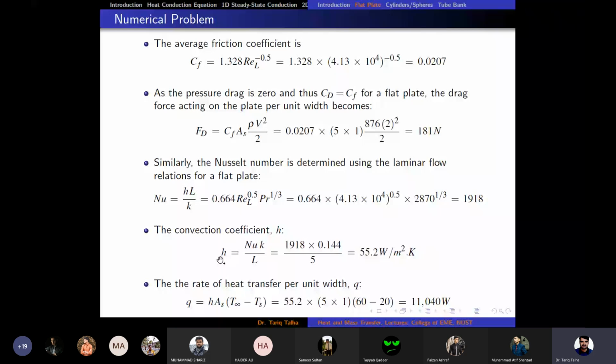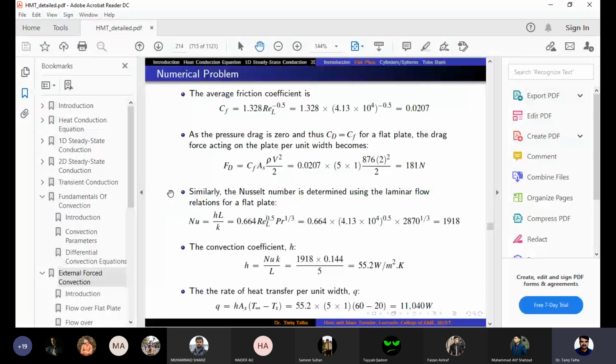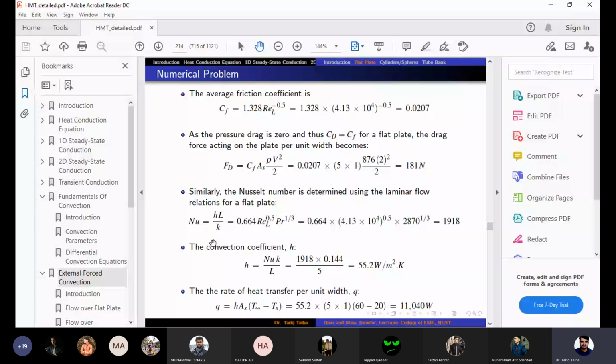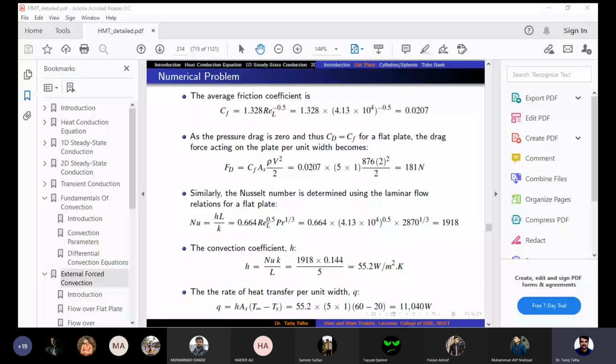But now in the convection, the determination or the calculation of H is the major thing which we would be doing in all these chapters, in all the topics which we are going to discuss. The calculation of Nusselt number and then subsequently H value, that would be the major task for the convection problem.